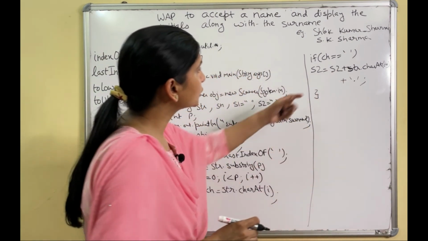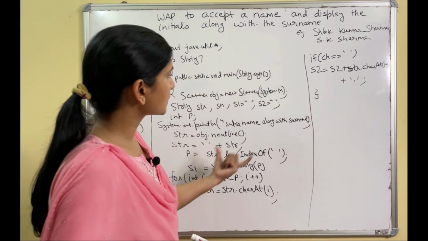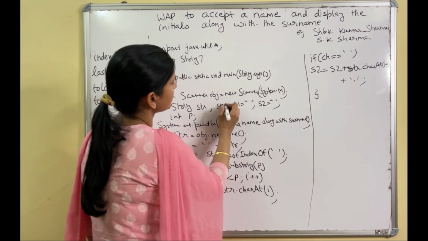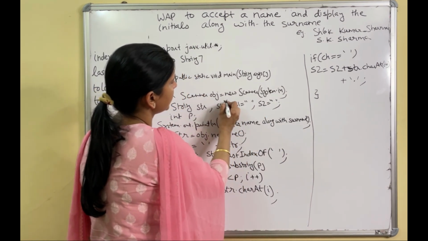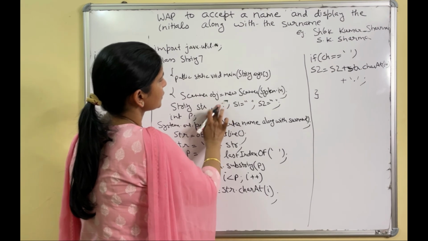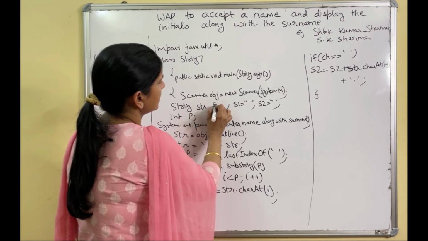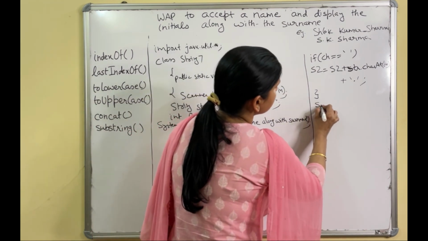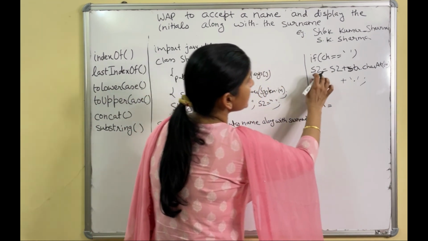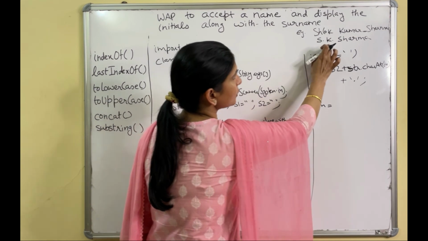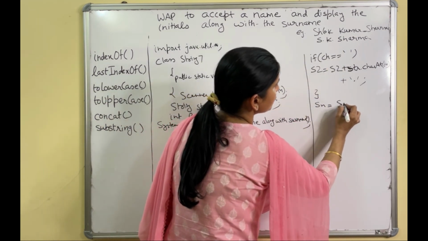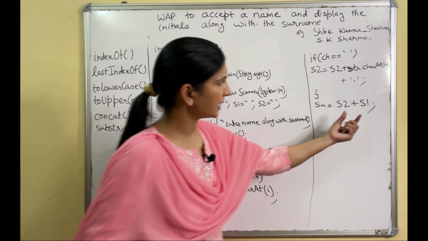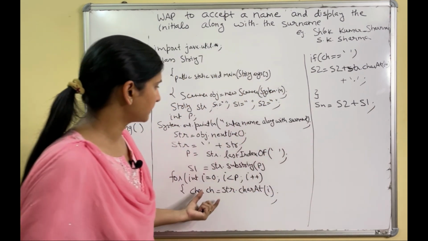Now we need to concatenate both S1 and S2 and we will assign in another string Sn. So Sn also initialize with blank string. So Sn will be Sn equals to, first the S2 will come. In S2 S dot K dot is there. So S2 plus S1, right? S1 में क्या है, S1 में we have assigned the surname, right?